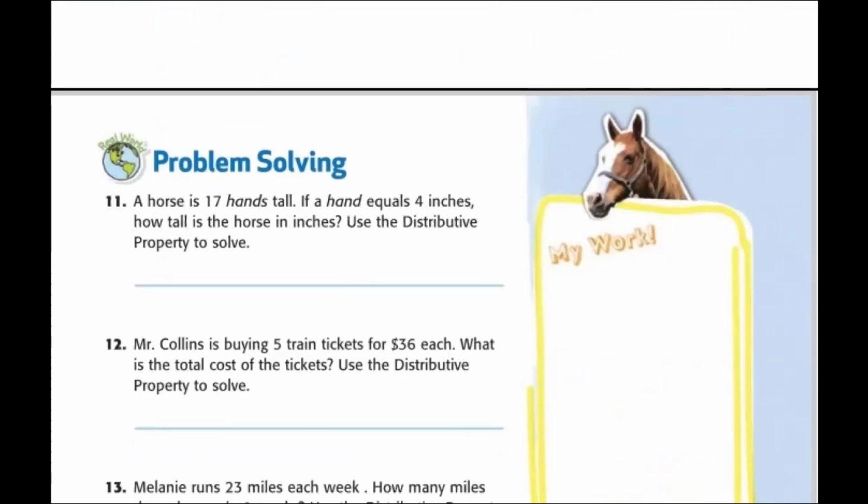Now we have the problem solving. The horse is 17 hands tall. If the hand is 4 inches, how tall is the horse in inches? The horse is 17 hands. Suppose that's the first hand, number 1. That's the first unit. Hand is a length unit.